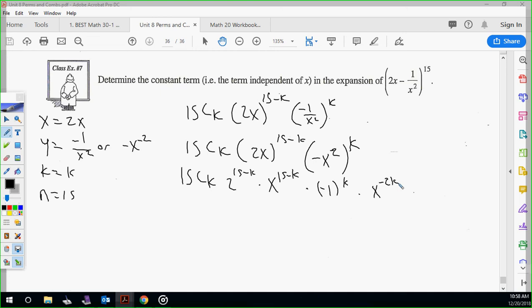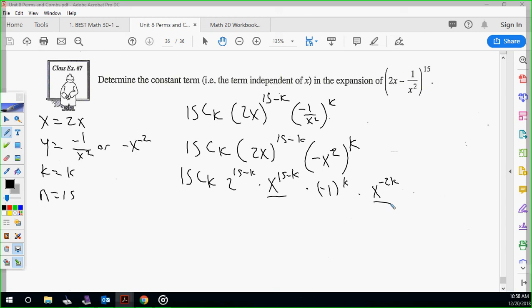The reason that's helpful now is so that I can put those as one term. I just do these together because they're the same base.